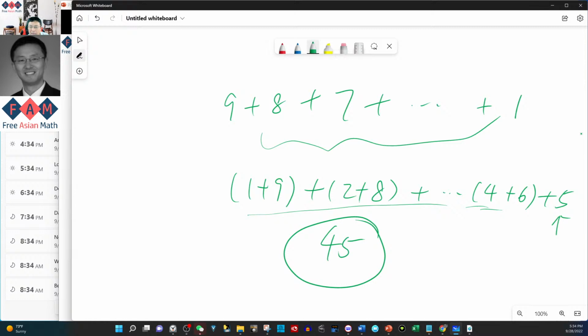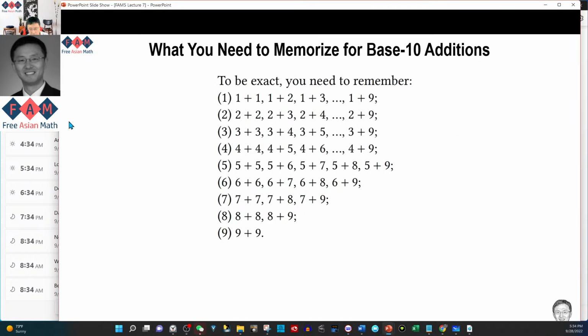You are demanded to memorize those things. Now imagine why we say base 10 is a good choice. With 10 as the base, you do need to memorize something, but it's not that bad. Only 45 facts.